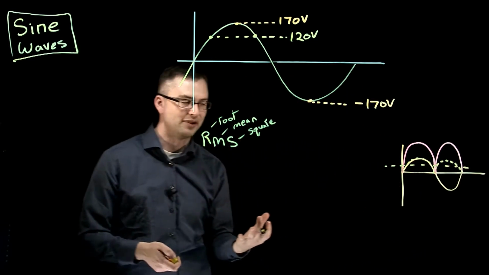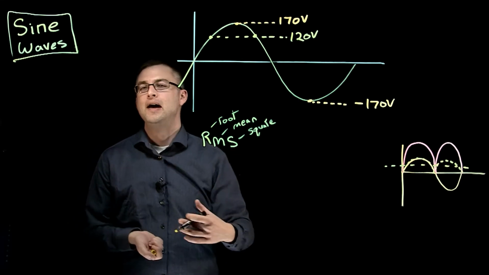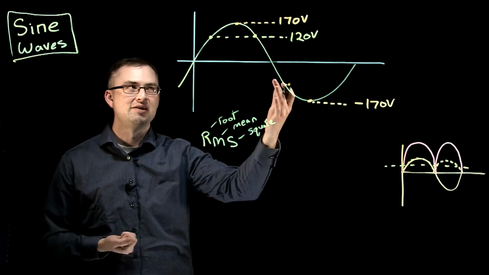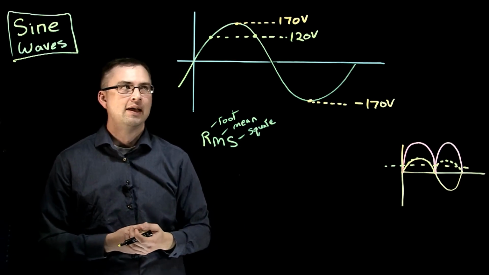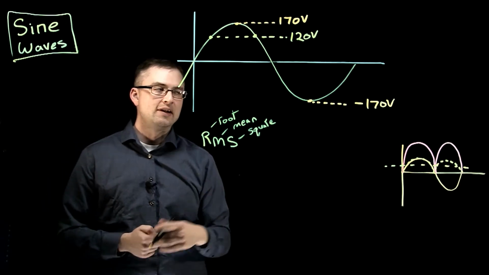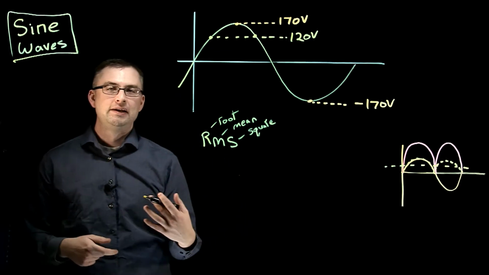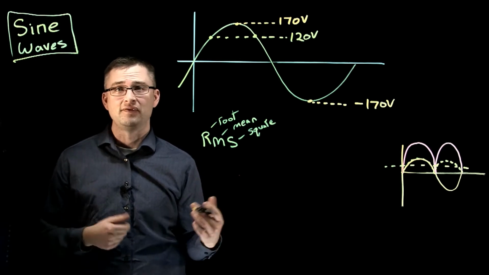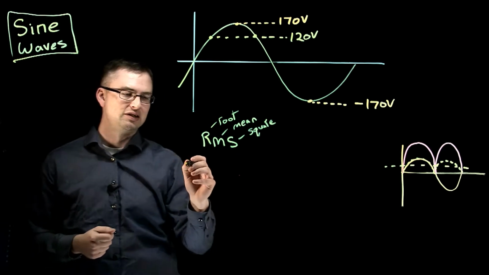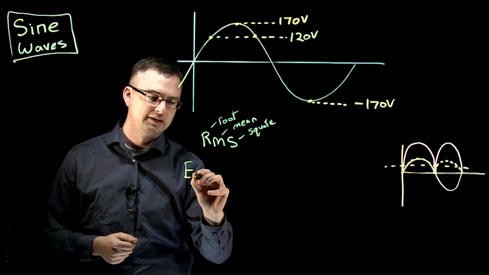So it's a really complex function for figuring out what the effective voltage of this sine wave is that has a positive 170 volt peak. It's called the root mean squared, and the function is quite complicated in calculus, but for us, it has been boiled down to a very, very simple application. So all we really need to do is take the peak.